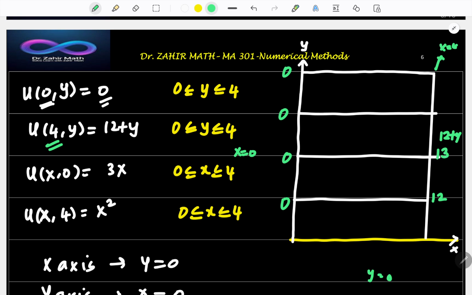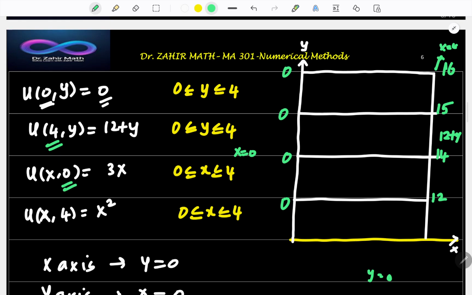Put y is equal to 1, this is 13. Put y is equal to 2, this is 14. Put y is equal to 3, 12 plus 3 is 15. Y is equal to 4, 16. So the values are 12, 13, 14, 15, 16, and then this is over.